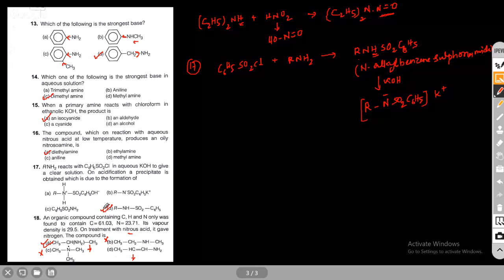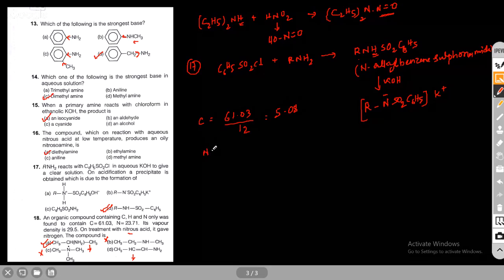For carbon, the weight is 61.03, divided by 12, gives 5.08.